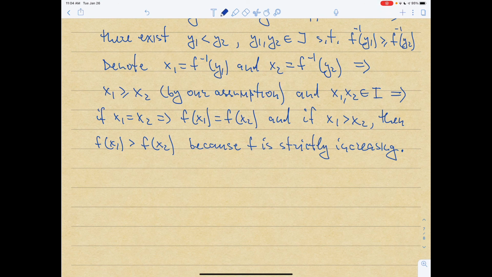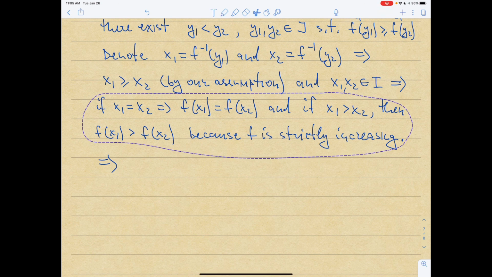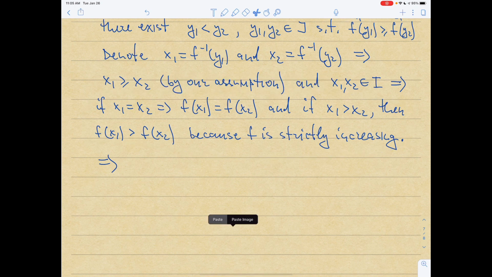So if x1 is equal to x2, what is f of x1 and f of x2? If f inverse acts from y to x, then f acts from x to y, right? So that means that we now have the following two choices. So therefore, if x1, in fact, let me just copy this. And we'll modify this expression a little bit. Copy and paste.